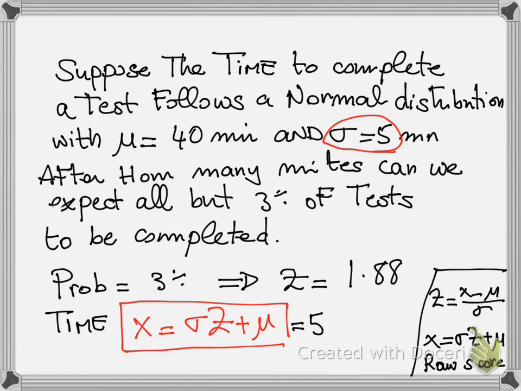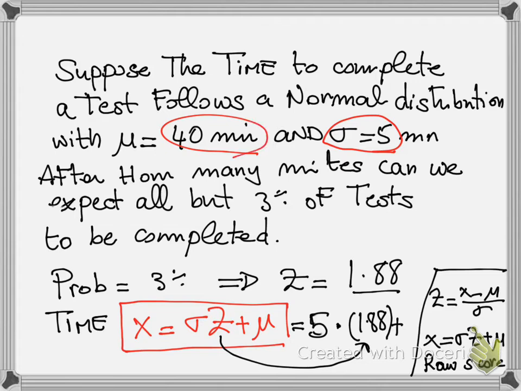Times the corresponding z, which is 1.88, so 5 times 1.88, plus mu. It's given in the problem that mu, the average, is 40 minutes, so plus 40.